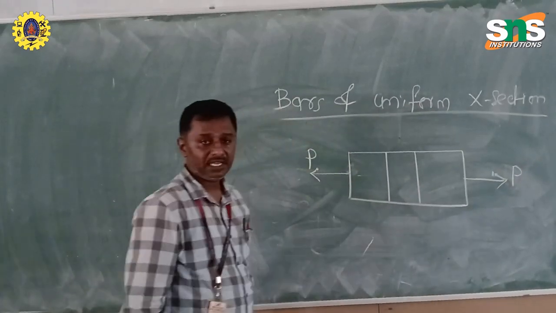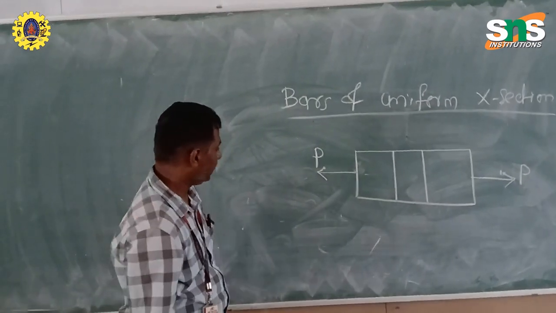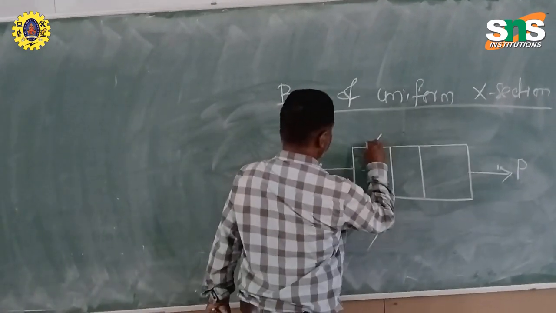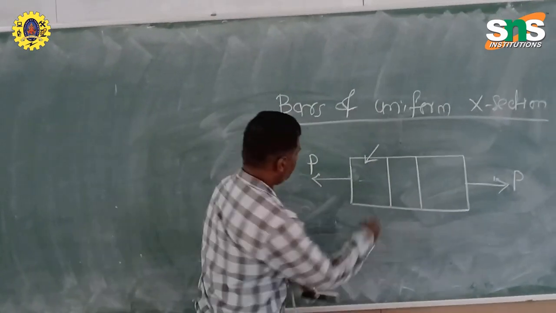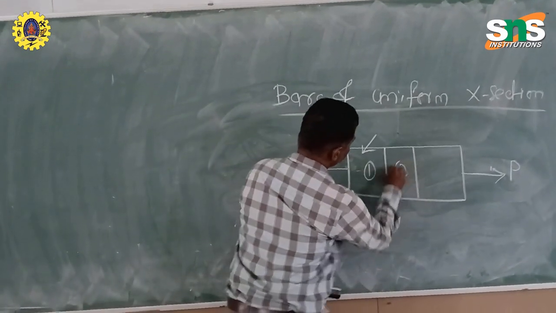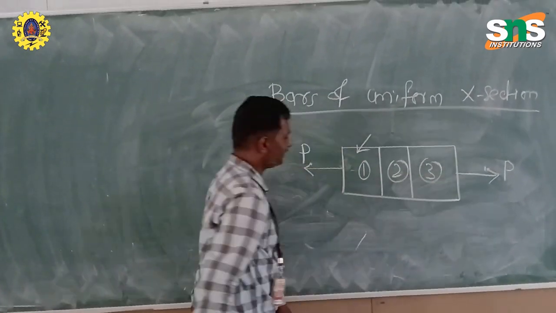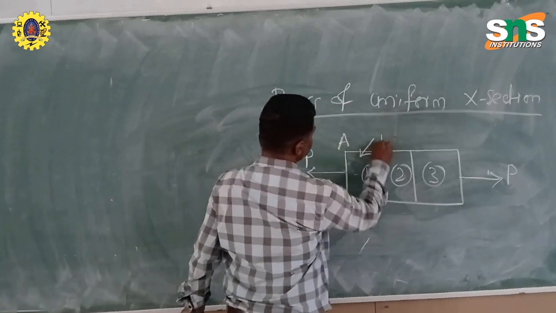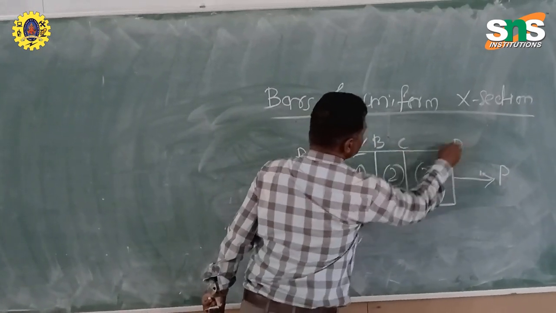It is a uniform cross-section. Then I am taking the sections 1, 2, 3. So I can take a representation A, B, C, D.